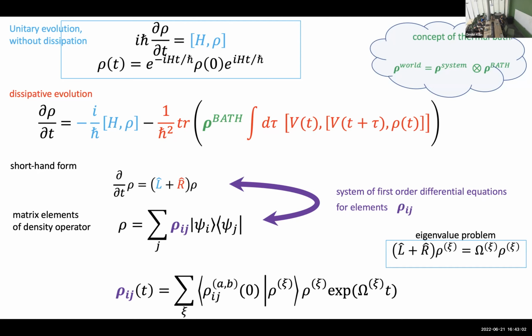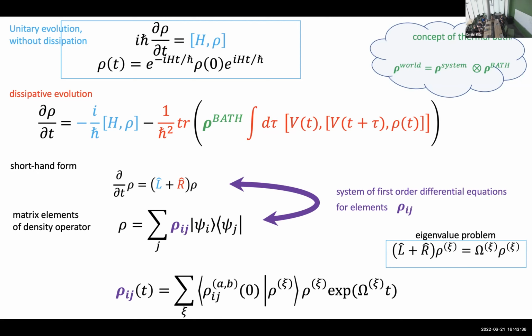And this term in brackets is equivalent to the Redfield tensor that we worked on in previous meetings. So in shorthand notation, this long equation can be stored as: time evolution of density is Liouvillian dynamics plus Redfield term dynamics.